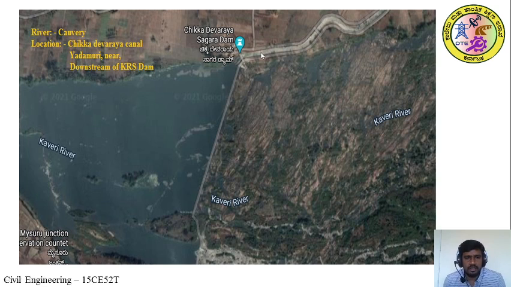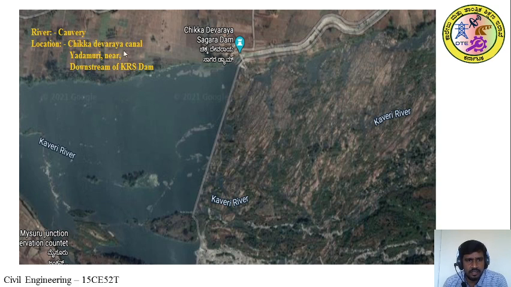Now we can study a few diversion headworks as a part of a case study. I have taken the Kaveri River basin to study the diversion headworks along with the canal head regulators. So this is the Kaveri river.